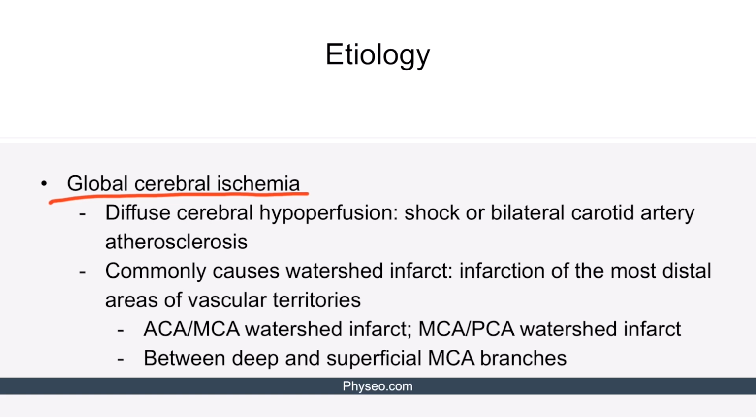Watershed zones are the most distal areas of vascular territories of the anterior, middle, and posterior cerebral arteries. A watershed infarct can happen at the border of anterior and middle cerebral arteries, ACA and MCA, or at the border of MCA and posterior cerebral arteries, or PCA.